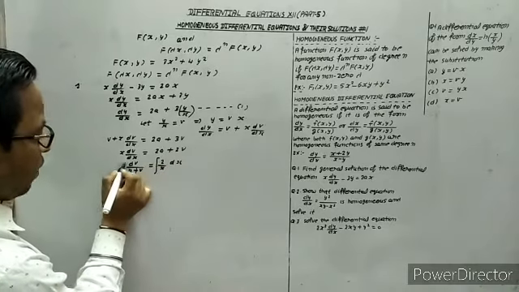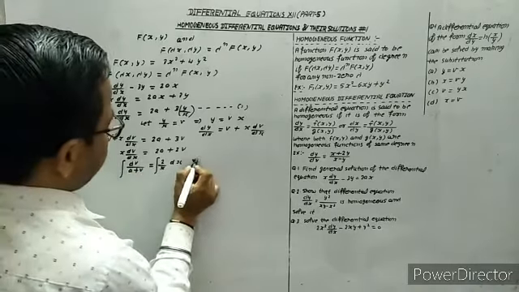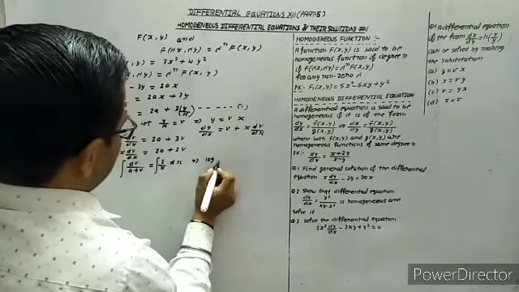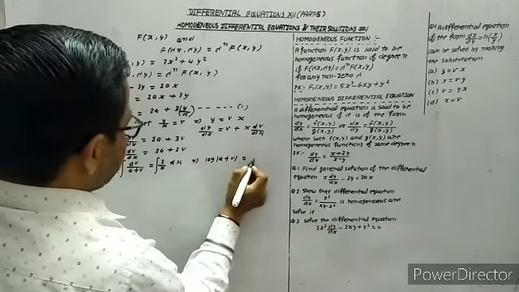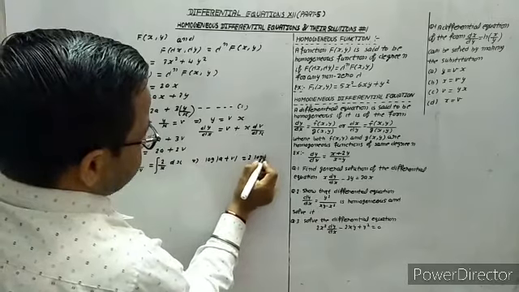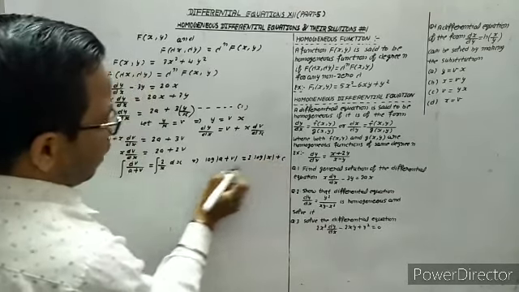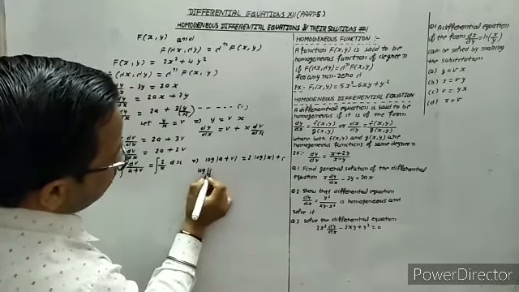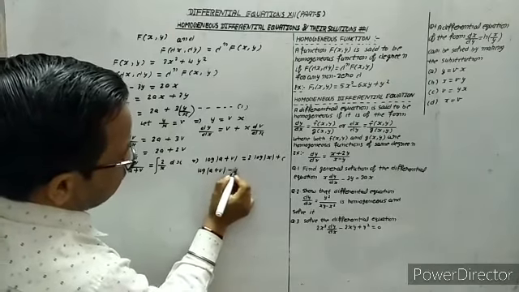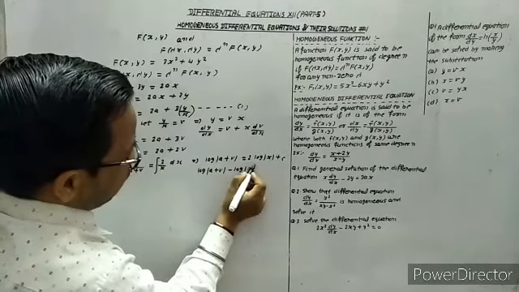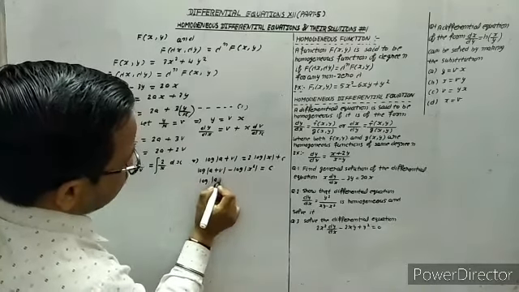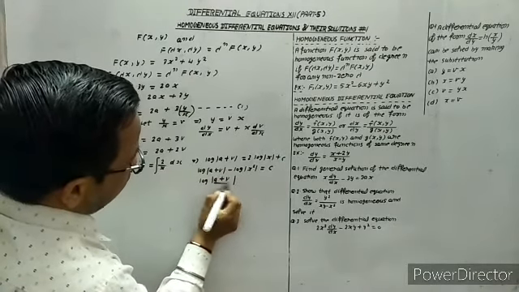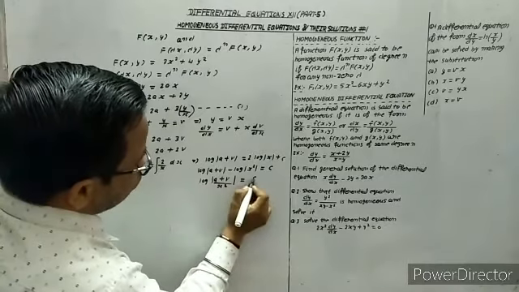Now we will do the integration. Once we integrate, we get log|a + v| = 2 log x + c. It means log|a + v| - log x² = c. Since log m - log n = log(m/n), log|(a + v)/x²| = c.